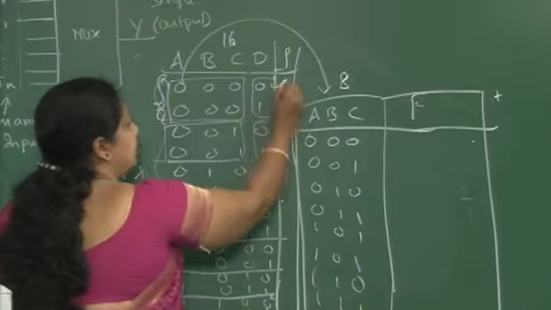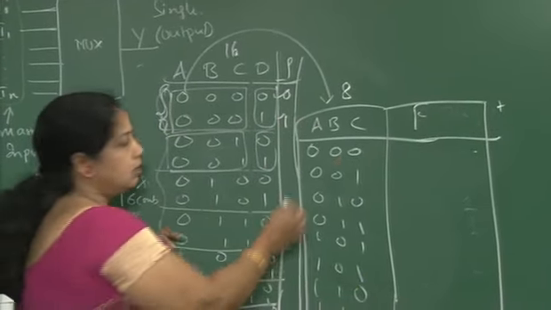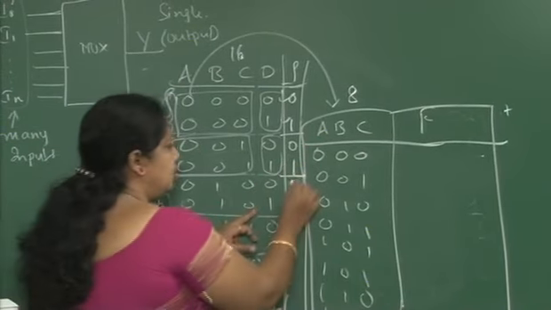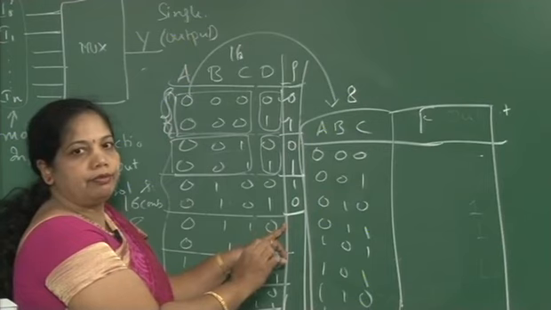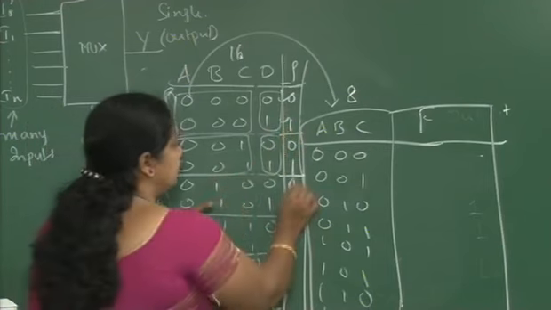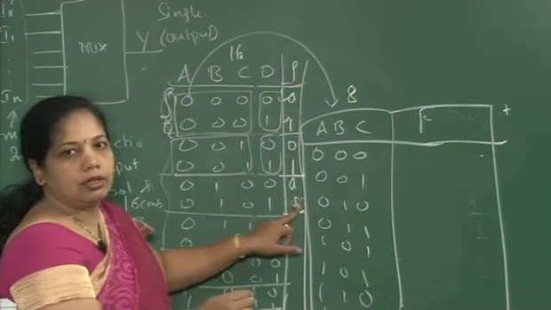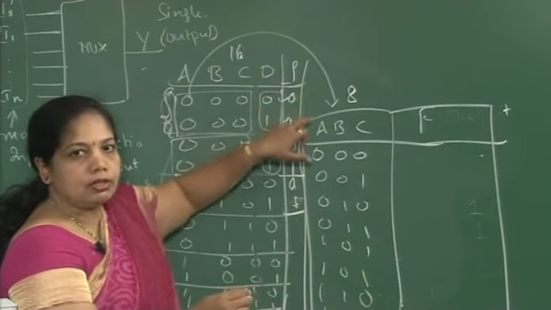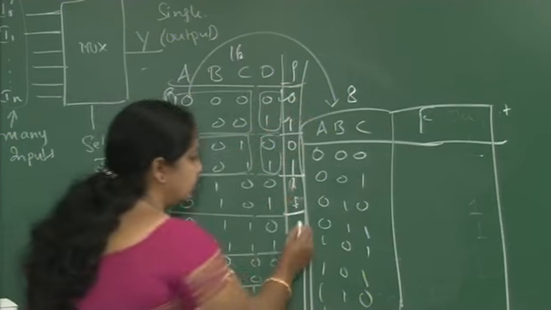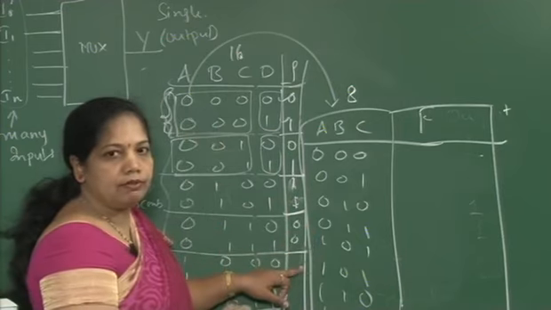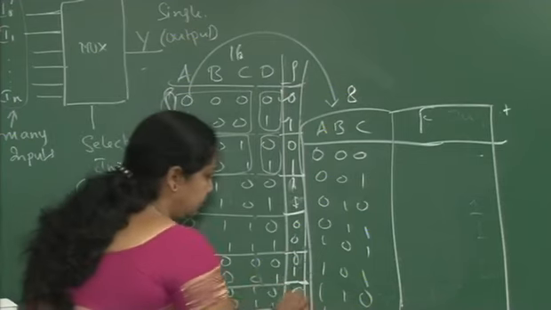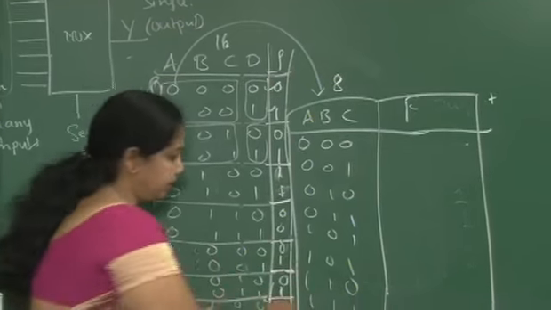So in this example my output is 0 1 0 1, then 1 0, then I have 1 0, 0 1 0 1 0 1. So we have 0 1 0 1 1 0, then coming after that zeros, then I have 0 1, then I have 0 1, then I have 1 1.